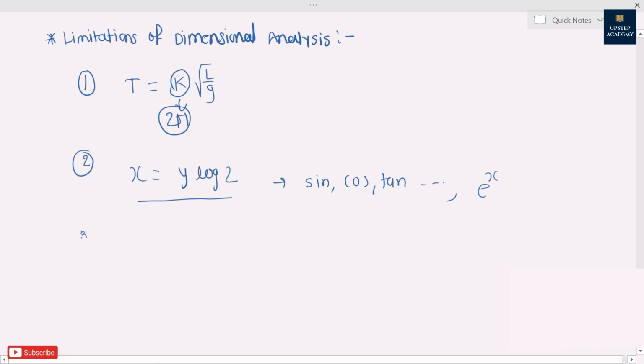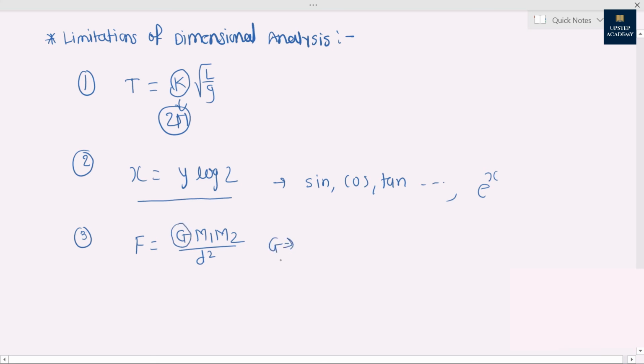Let's go for the third limitation of dimensional analysis. To see what the third limitation is, let's consider one formula. Force of attraction between any two bodies is equal to G m1 m2 upon d square. m1 and m2 are the masses of these two bodies and d is the distance between them. This F is the force of attraction between these two bodies. But you can see one thing present over here, which is G. What is G?